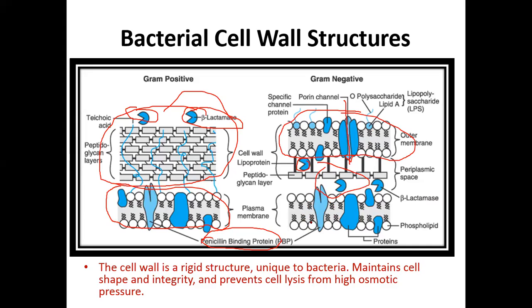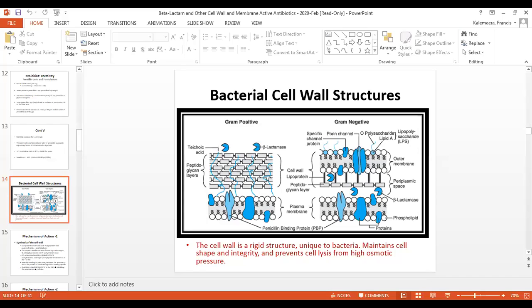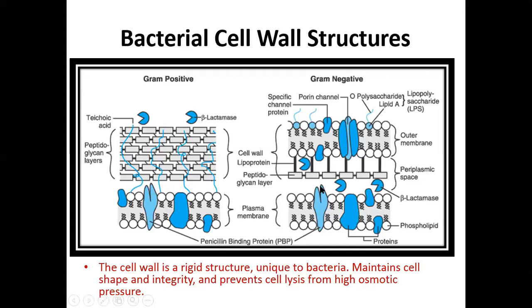So when we give these beta-lactam antibiotics, our target is one. It is the penicillin binding protein. Remember that the integrity of these organisms is based on their cell wall. If the cell wall is not there, these organisms are going to run out of structure. They will burst open and they will live no longer. So they need the peptidoglycan structure.